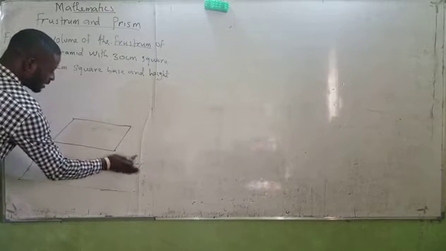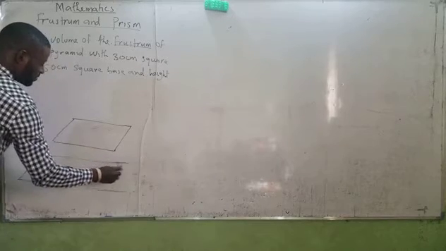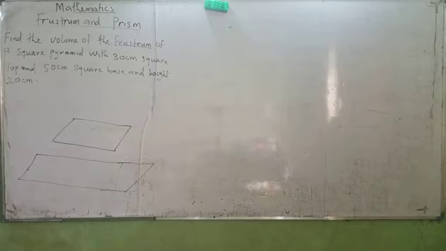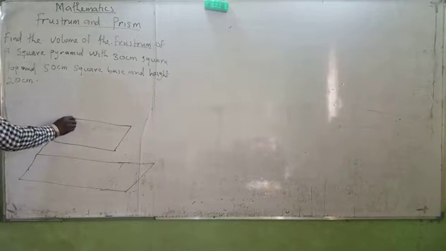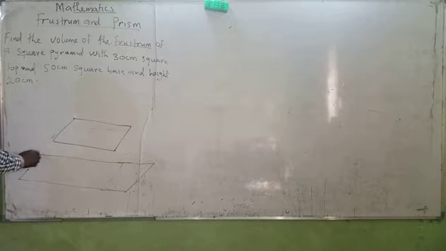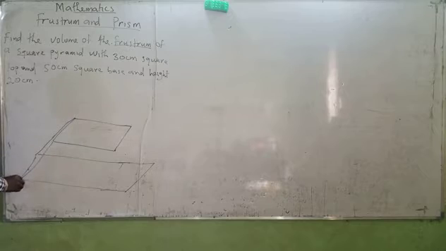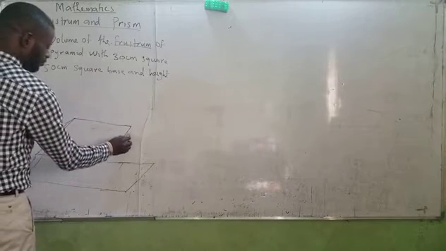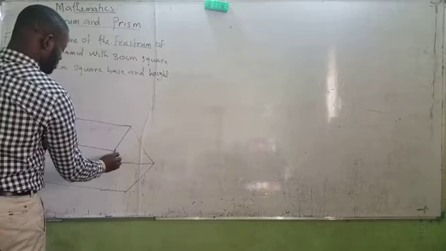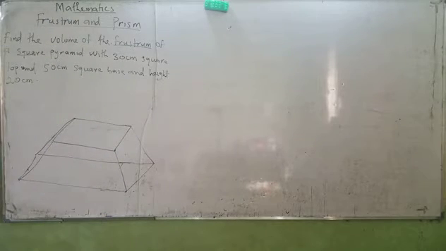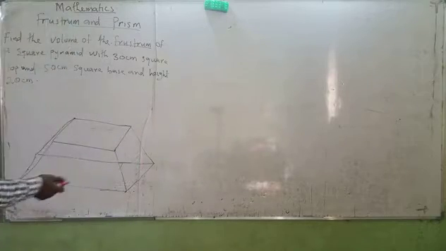I'm just trying to improvise. Here we join this. Here we join this. Here we join this. Can you see? It's a square. I didn't draw it very well, but help me to manage it.